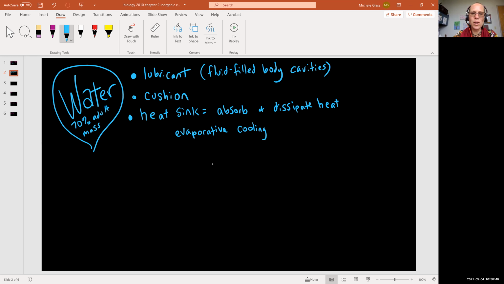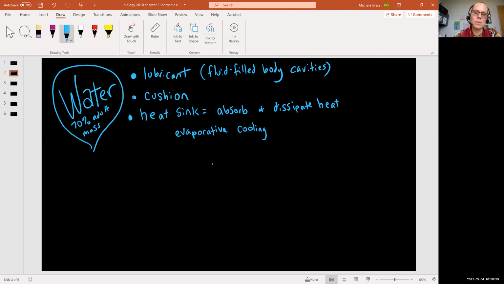Those hottest water molecules are the ones that evaporate off of our skin, leaving behind the cooler water molecules. As those water molecules leave and become gas and enter the atmosphere, that makes our bodies cooler as a result.